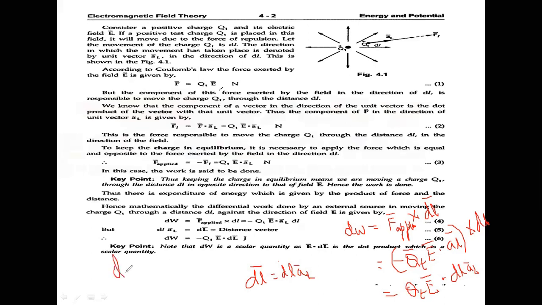So the differential work done is equal to Qt into E bar dot dl bar. The work done is measured in units of joules.